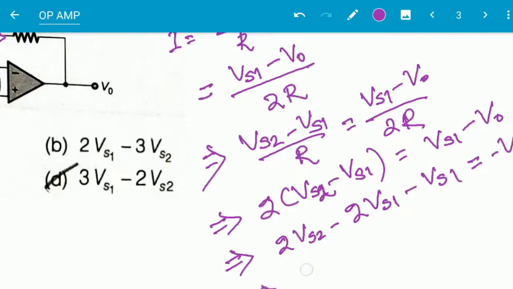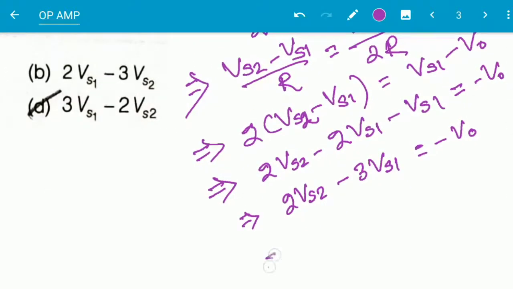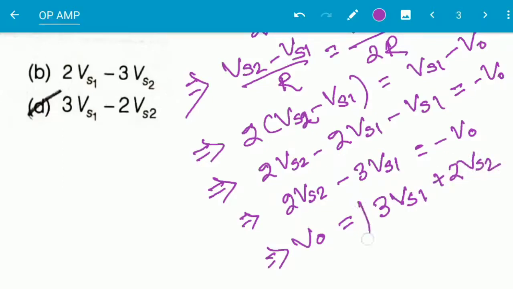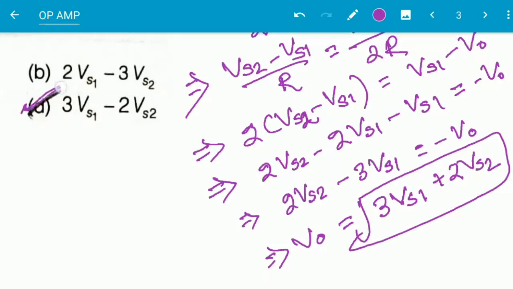This will be 2 Vs2 minus 3 Vs1 is equal to minus V output. So V output is equal to 3 Vs1 minus 2 Vs2. So this is the answer. Here option D is the correct answer.